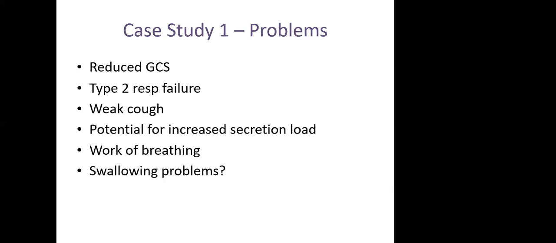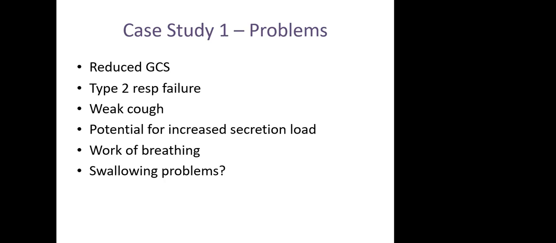We don't necessarily have clear evidence on our assessment, but we've got some things that point towards a suggestion there. Their work of breathing, they've got a bit of a higher respiratory rate. It's not too bad, but we know they've got low lung volumes. They've potentially got secretion, so we want to try and offload that.